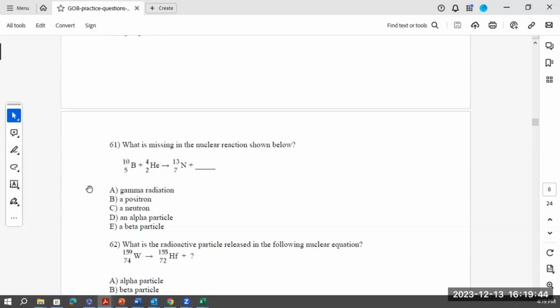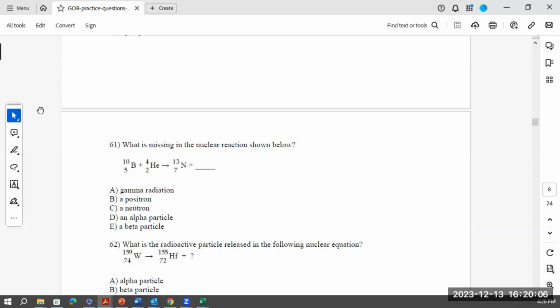Okay. Now, here is the secret to this, right? At the end of the day, both sides have to add up. That basically means the mass has to add up and the number of protons has to add up. So if we have a 5 and a 2 here, that adds up to 7, right?